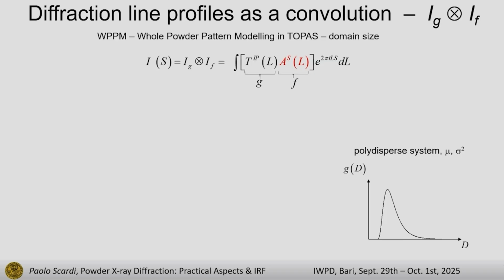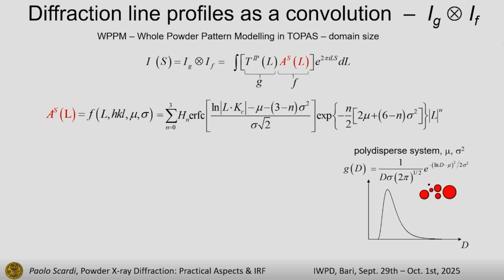So what happens to the Fourier transform? You will see a formula that looks complex, but in the end, it is not. It is still a function of the distance within the crystal up to the maximum distance, and HKL, and now it's a function of mu and sigma, which are the log normal mean and log normal standard deviation. So we have these two parameters to consider, and this is the expression.